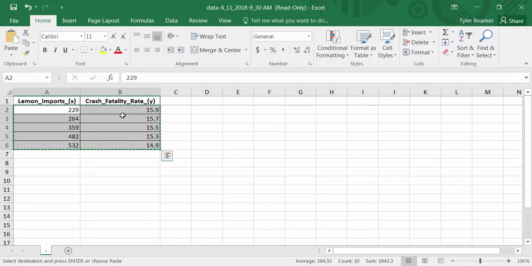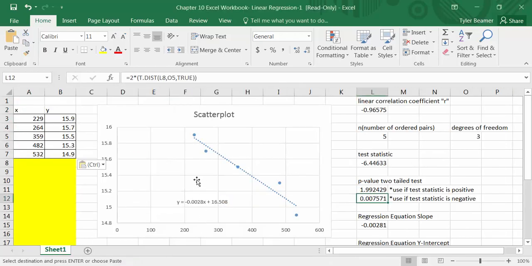So lemon imports X, crash fatalities Y. Now let's look at our scatter plot. As lemon imports increase, crash fatalities decrease. That's what we're seeing here in our scatter plot, since we have a negative linear correlation.